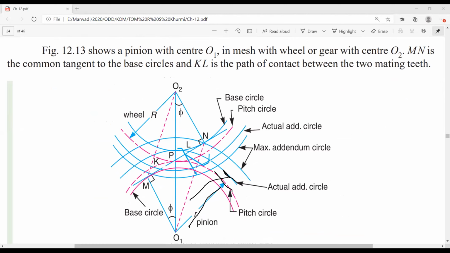Addendum means this gap in between the pitch circle and the addendum circle, and we are finding this gap, which is 6.5 mm. This radius minus this radius is equal to this gap, so we are just deducting.